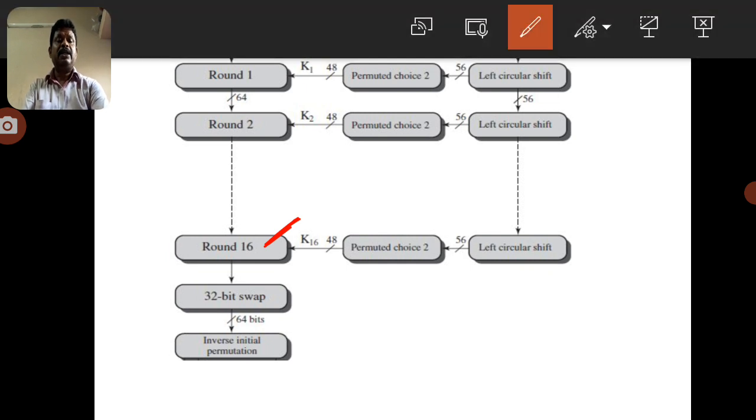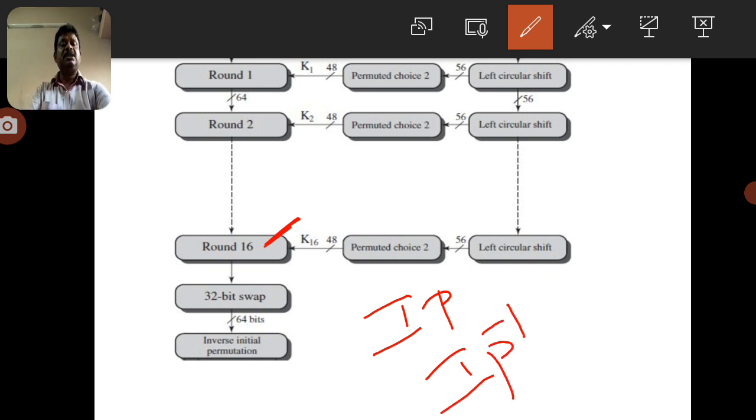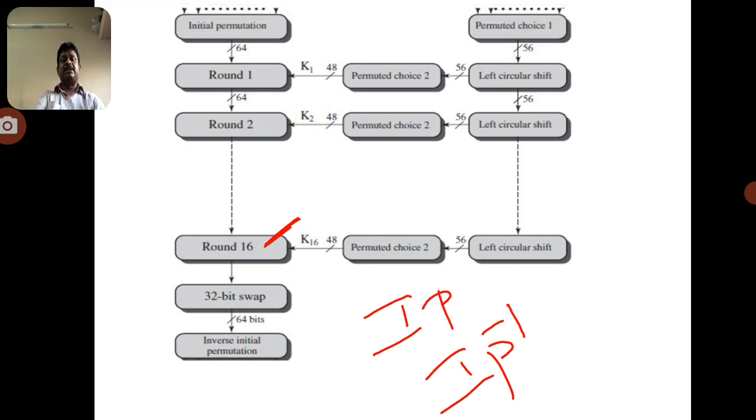Here IP is the initial permutation, and IP inverse is the inverse initial permutation. We know that permutations arrange the given plain text into a different order. This is the encryption pattern of the DES. In every algorithm, the process should be divided into two categories.